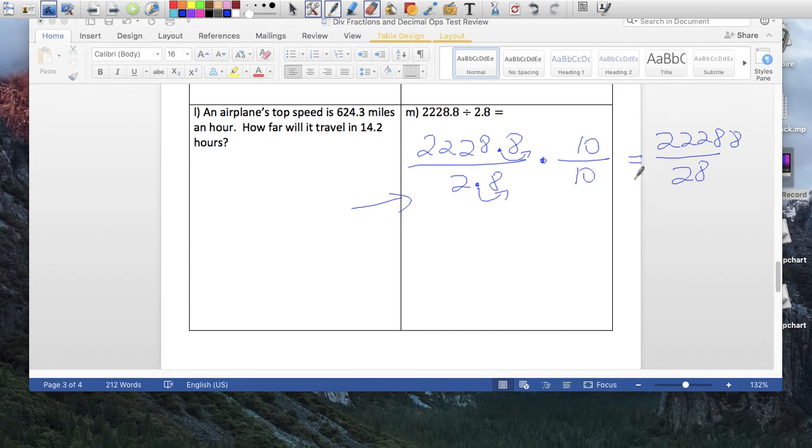It's going to end up being 22288. So now we have our divisor, which is a whole number. We can start dividing. The top one just happens to end up being a whole number as well, but if it was a decimal, it would have been no problem. So 22288, we're going to divide that by 28. Nice number I picked. Jeez.